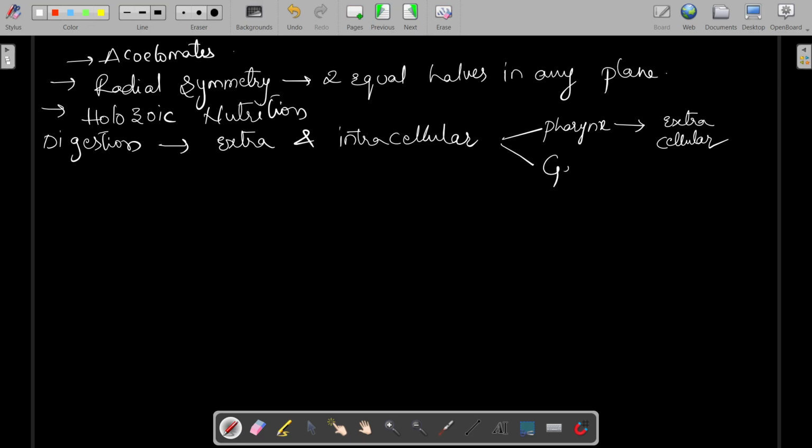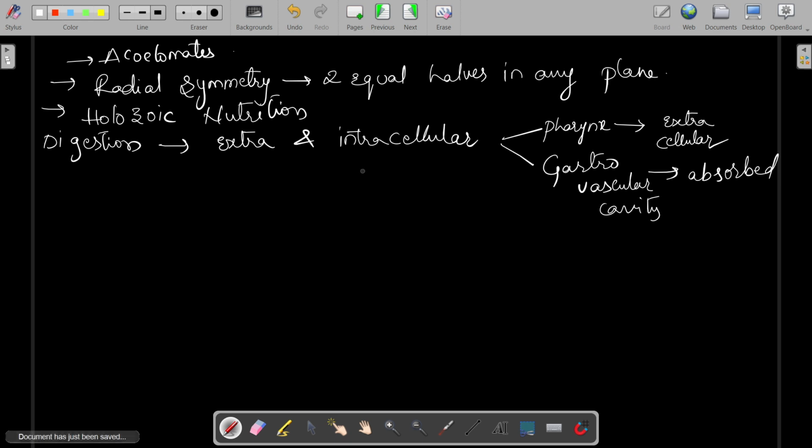Next, coming to the gastrovascular cavity. The fine particles which enter into this cavity are absorbed by the gastric wall, and the undigested or waste material is excreted out through the hypostome.